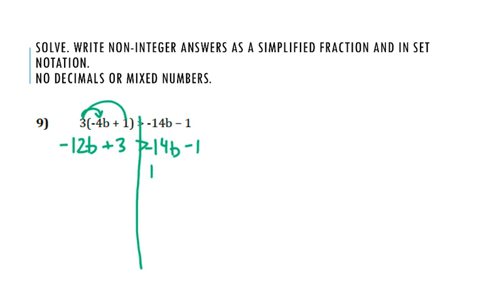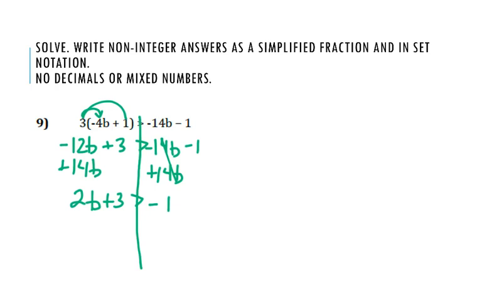Now we add 14b's to both sides of the inequality, and that will eliminate all of b's on the right side of our inequality and only leave b's on the left, and there will be 2b's plus 3 on the left is greater than negative 1.